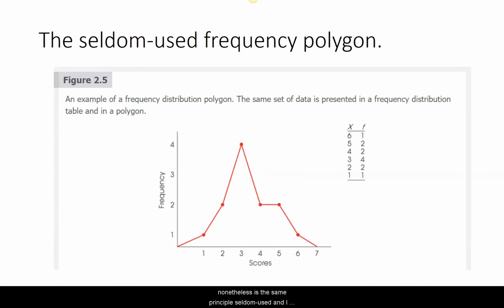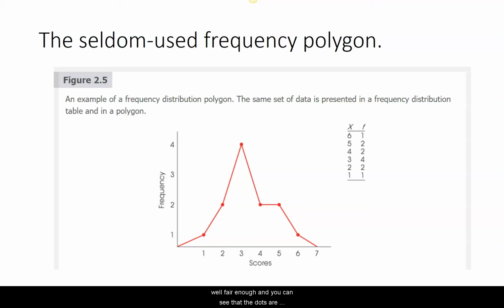There's something that's seldom used, and I don't dwell on it too much, a frequency polygon. A frequency polygon also depicts continuous data, and the number has a dot directly over it. So the upper and lower real limits here are not faithfully depicted. We merely draw a dot directly over the number.